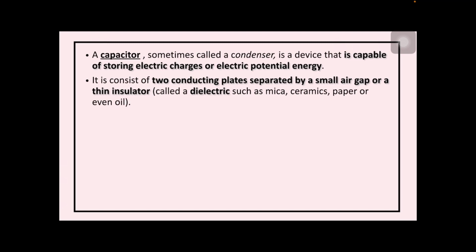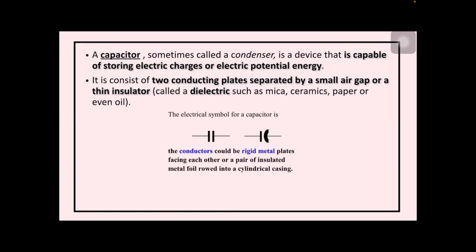We call it a dielectric, such as mica, ceramics, paper, or even oil. This is the symbol for a capacitor. The conductors could be rigid metal plates facing each other, or a pair of insulated metal foils rolled into a cylindrical casing.